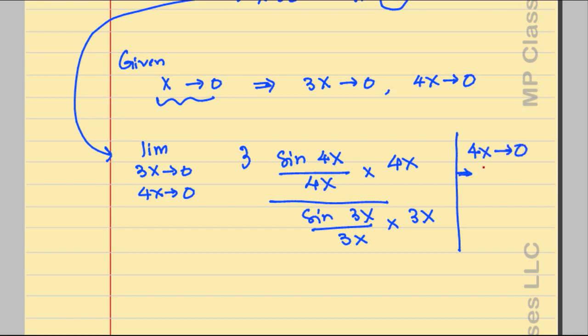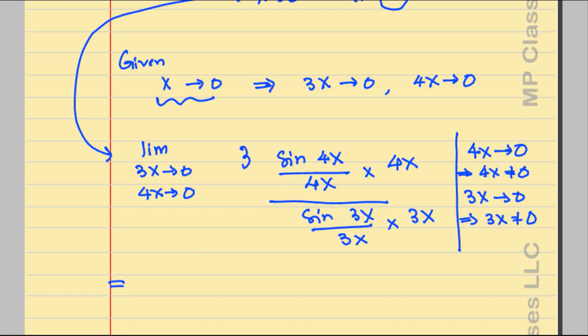This implies that 4x is not equal to 0. The same logic, 3x tends to 0, implies that 3x is not equal to 0. This is very fine but required observation, so that you are not dividing numerator by 0.